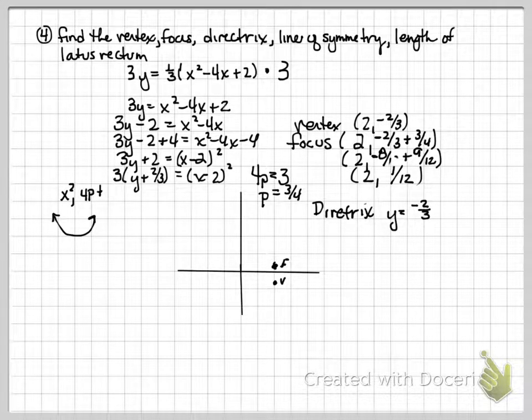So now for my directrix, I'm going to subtract the 3/4. Again, same thing, common denominator, so that's -8/12 minus 9/12, and that gives me -17/12, or -1 and 5/12. All right. So it's down about 1 1/2, so that's right about here.